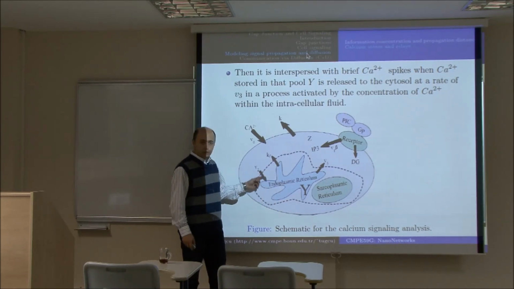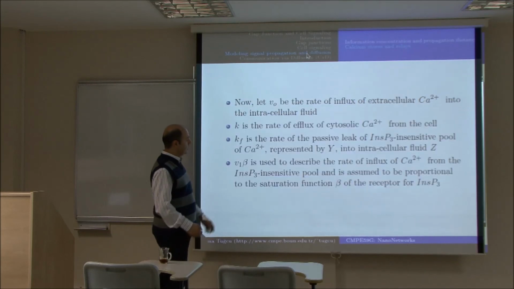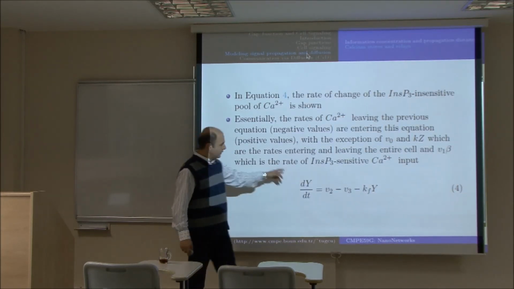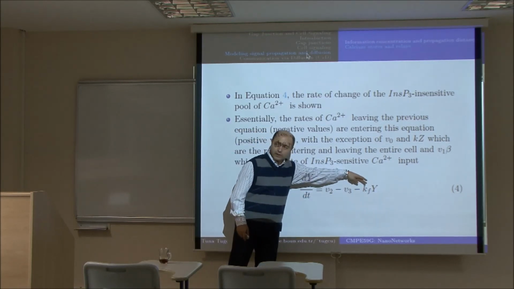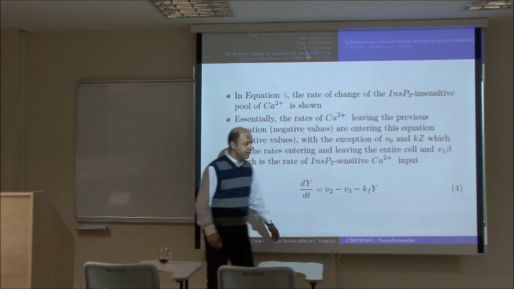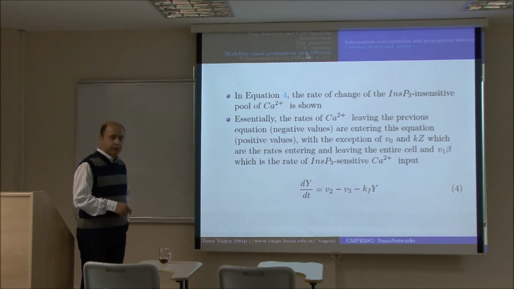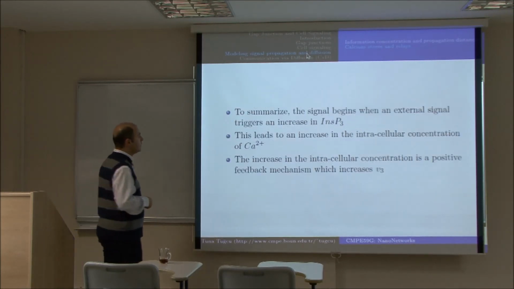So we have V2 as positive, Kf and V3 as negative. We have V2 positive, Kf times Y, and V3 as negative terms here. That is the rate of change in the calcium ion concentration inside the calcium pool.